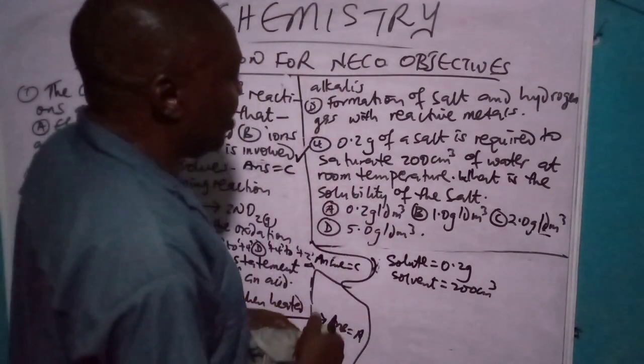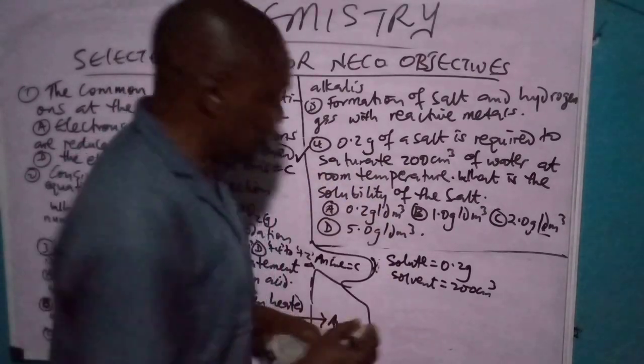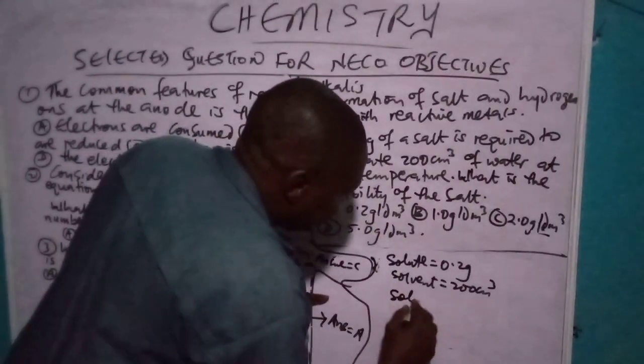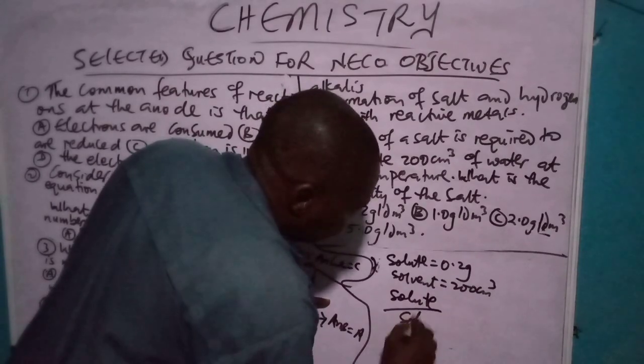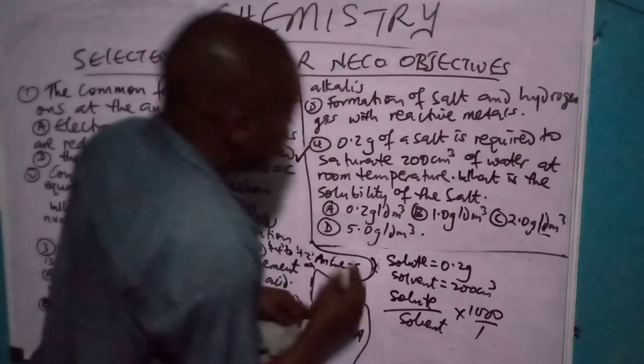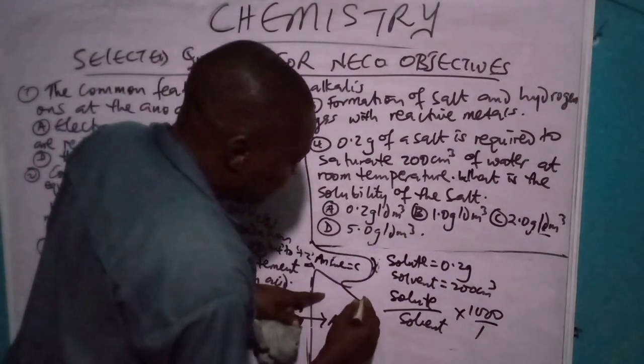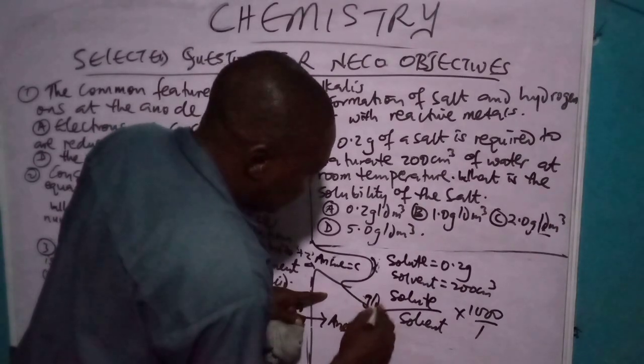So to calculate, say, what is the solubility? A very short method you can use, especially because of your objective: you say solute over solvent times 1000 over 1. Remember, we are calculating gram per dm³, you see the unit of the answer, gram per dm³.